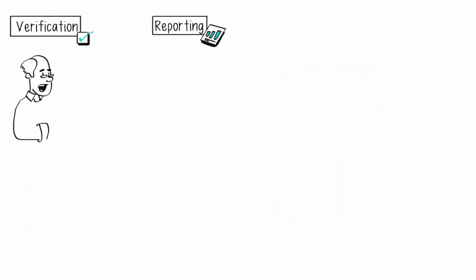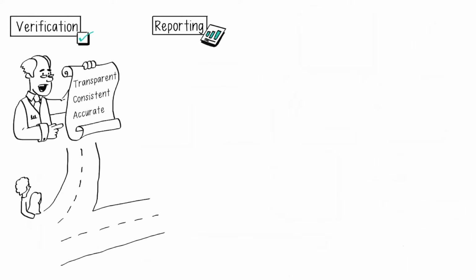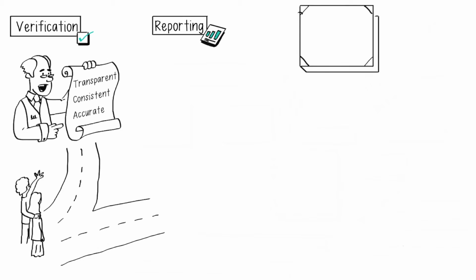The next two steps in the process are verification and reporting. Verification is often done using a third-party verifier that provides reasonable assurance that the process of applying the standard was conducted in a transparent, consistent, and accurate manner. Verification is optional in the standard, but highly encouraged. The last step is reporting.